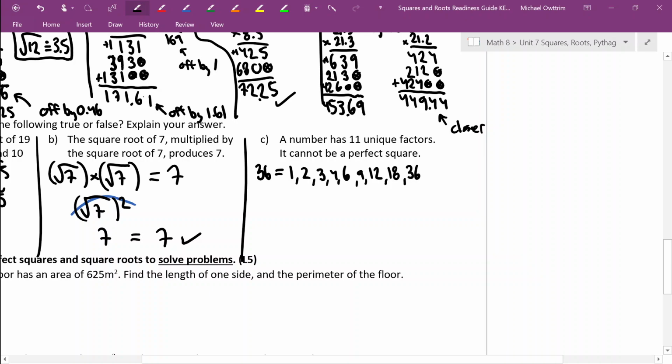So in terms of unique factors, it just goes right in the middle. And we do know that the square root of 36 is 6. So in terms of how many factors we have 1, 2, 3, 4, 5, 6, 7, 8, 9 unique factors. And it turns out that anytime you have an odd number of unique factors, that means that it must be a perfect square.